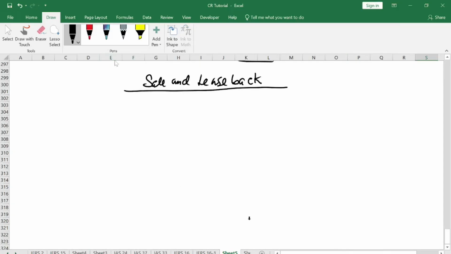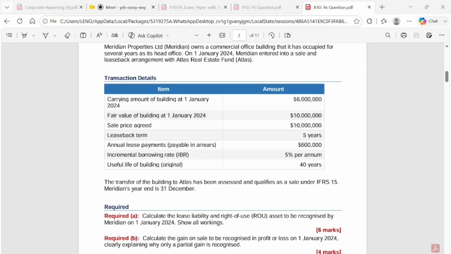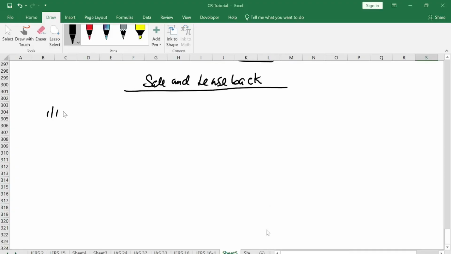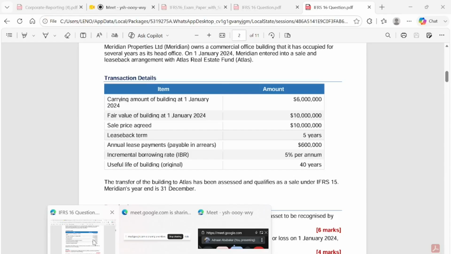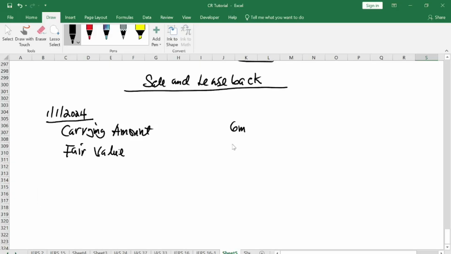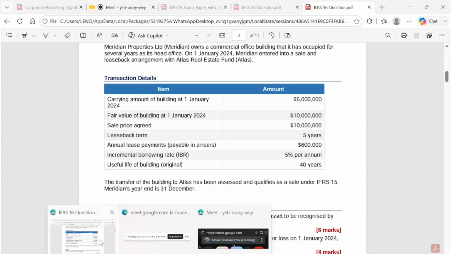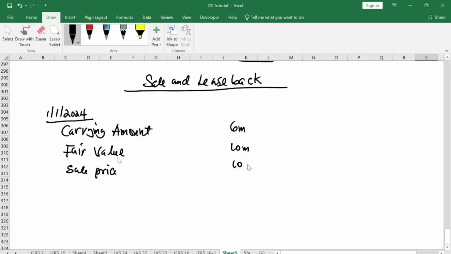Now, let us summarize the question. What did they say? The carrying amount as at 1st January 2024, when the agreement was entered, is 6 million. The fair value of the building is 10 million. The sale price agreed is 10 million.